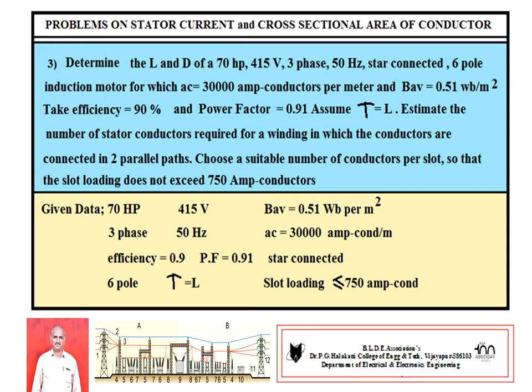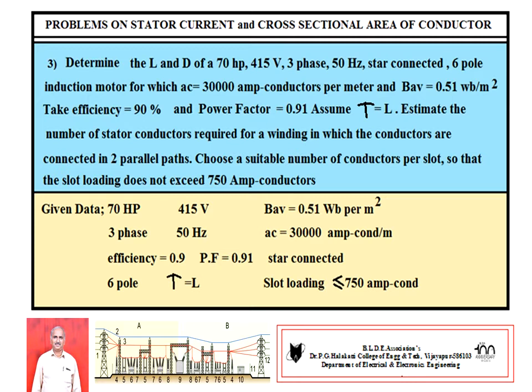Assume efficiency 90% and power factor 0.91 and tau equal to L. Estimate the number of stator conductors required for a winding in which the conductors are connected in two parallel paths. Choose a suitable number of conductors per slot so that the slot loading does not exceed 750 ampere conductors.